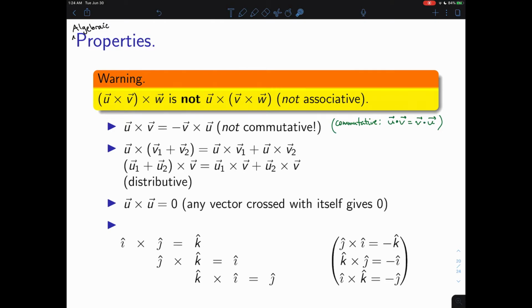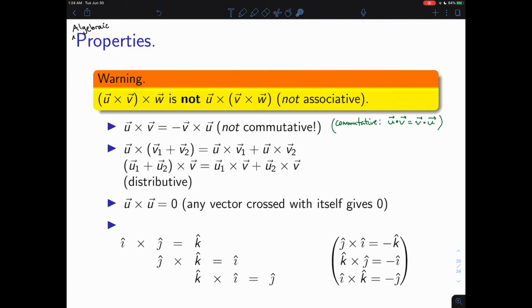It has left and right distributive properties. The V being on the right does distribute onto the U1 and onto the U2. The V gets crossed onto the U1, the V gets crossed onto the U2. So it does have the distributive property, but not the commutative property.